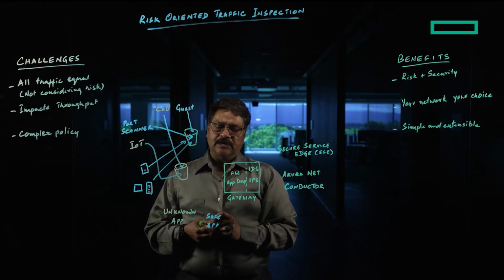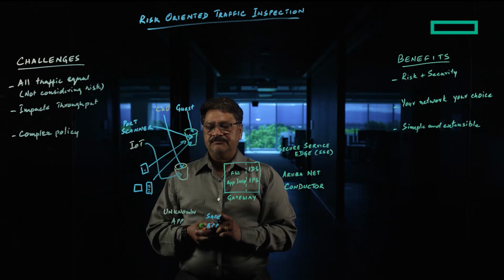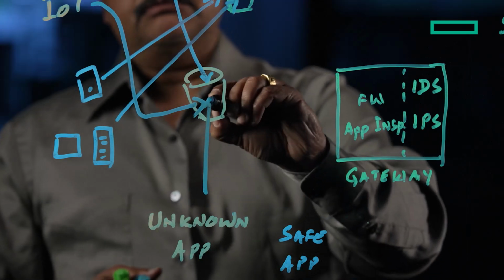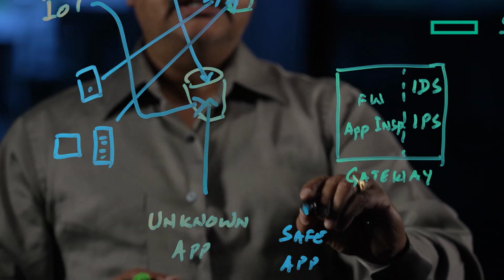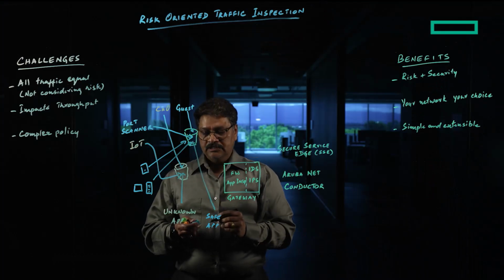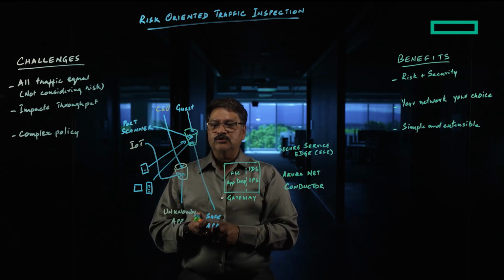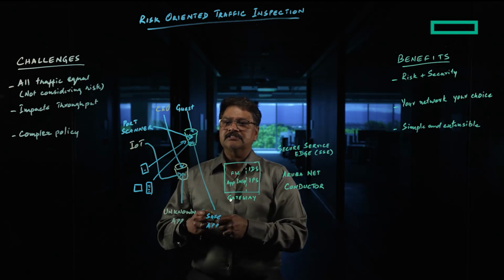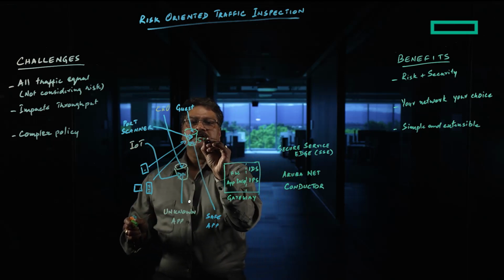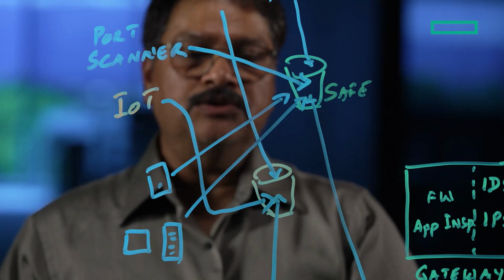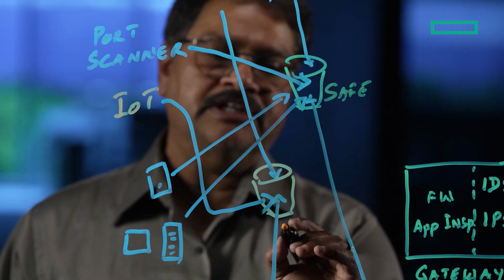Similarly, if I look at applications, I can classify them as a safe application or a risky application. Something that is unknown, I'm going to put in the risky bucket, and anything that is safe, I'm going to put in this bucket. So it's basically a matter of classifying them into different groups and calling whether it is safe or risky. And you make a choice on how safe or how risky you think it is in your environment.